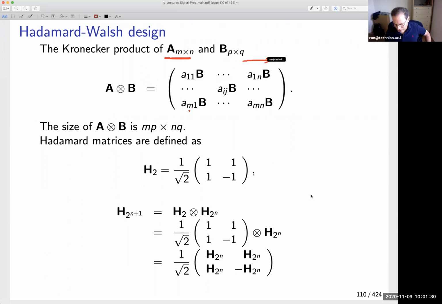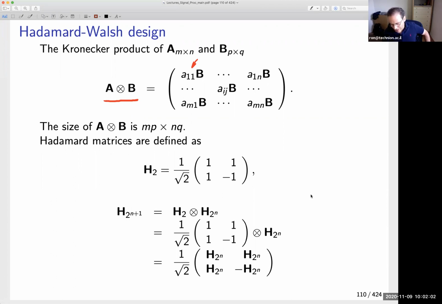And I have another matrix B of a different size, P by Q. And the Kronecker product between these 2 matrices is nothing but taking each matrix B and placing them at the places of the elements of A, where each matrix is multiplied by an element of A. So let me give you an example.